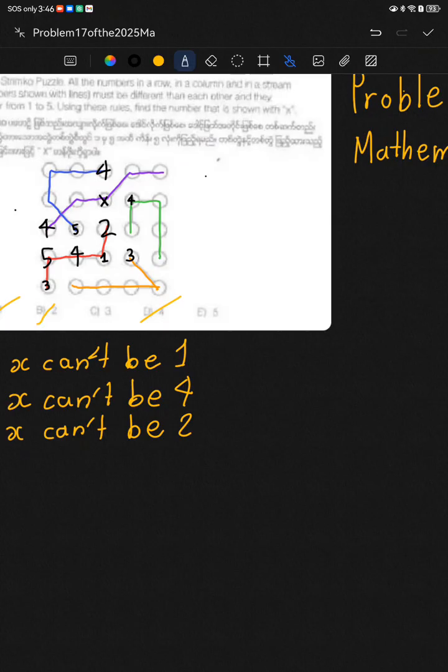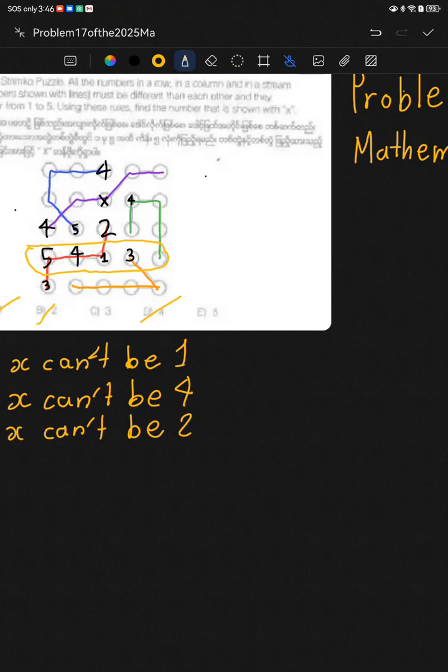So, and then, hey, look at this column here. 4 of the 5 columns are filled with numbers.